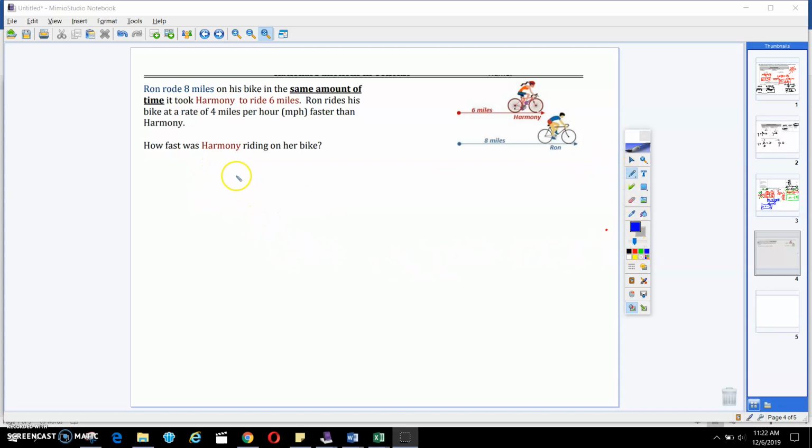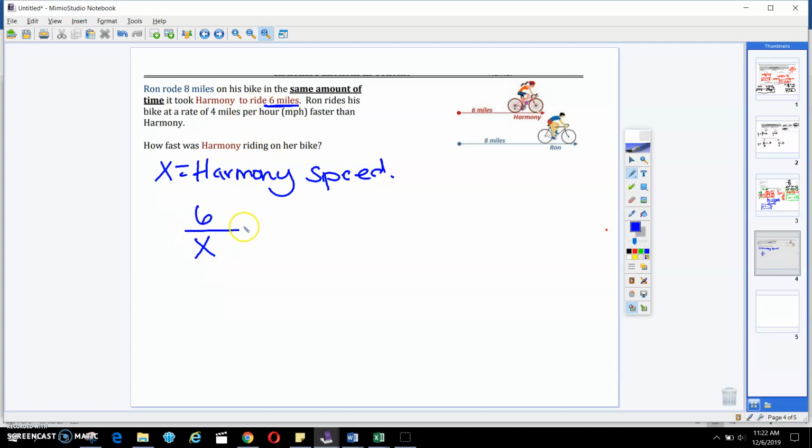So first you're going to identify that x is going to equal the speed of Harmony, how fast Harmony was going. Okay, so we're going to set up a proportion. Harmony rode 6 miles total, over how fast she was going. We don't know how fast she was going, that's what we're trying to solve for, so it's x.